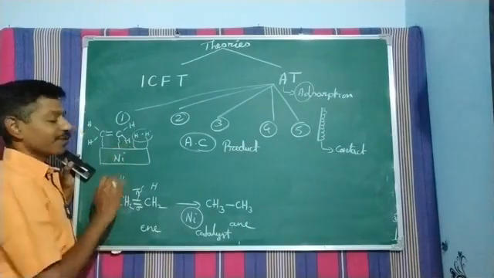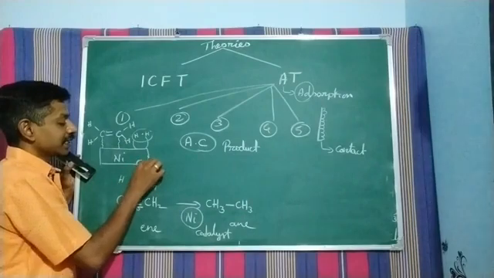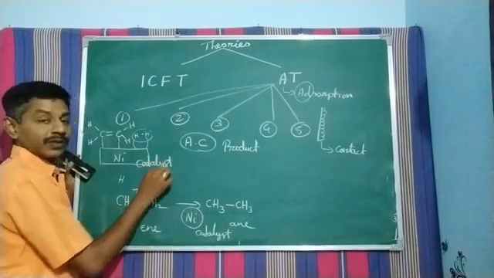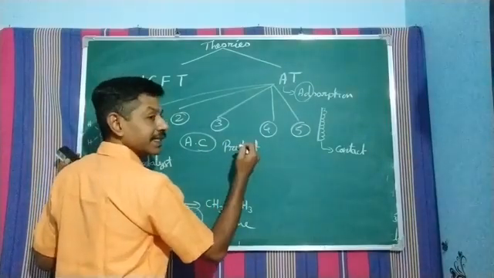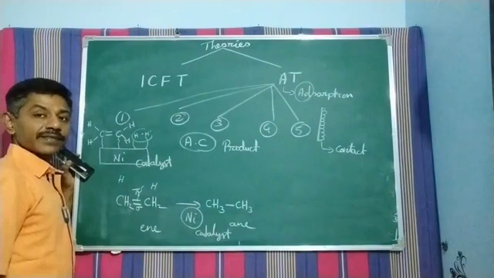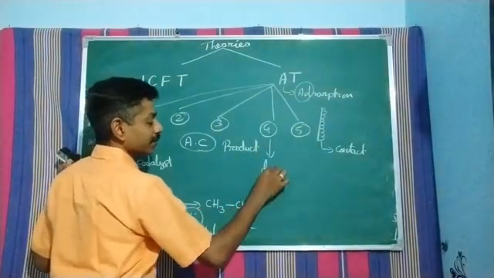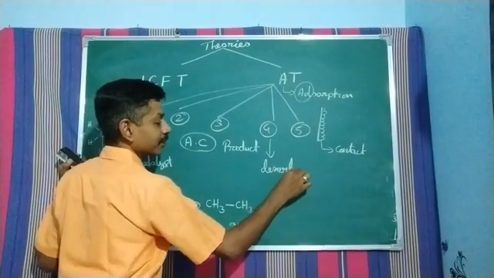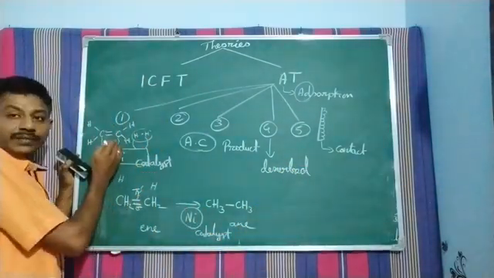Once the product is formed, there is no need of this catalyst nickel. So the products will get dissolved or detached from the surface of the catalyst. First step, diffusion.